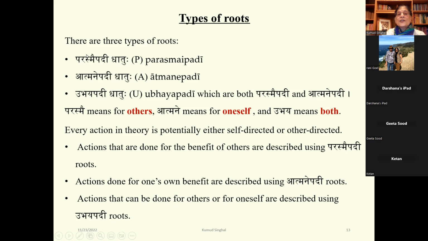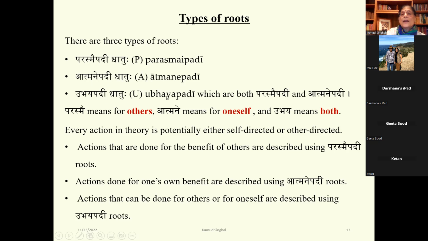So if an action is done for the benefit of others, then parasmaipadi dhatus are used. Atmanepadi dhatu: atmane means for one's own self. So if the result of the action benefits oneself, then these dhatus will be used.